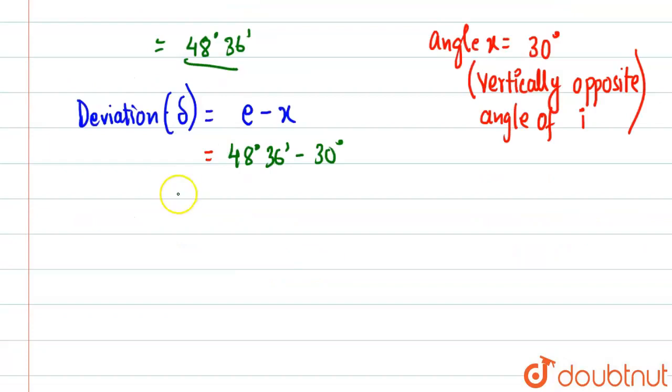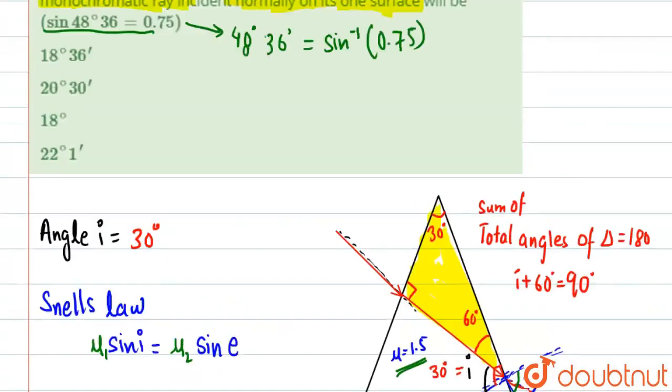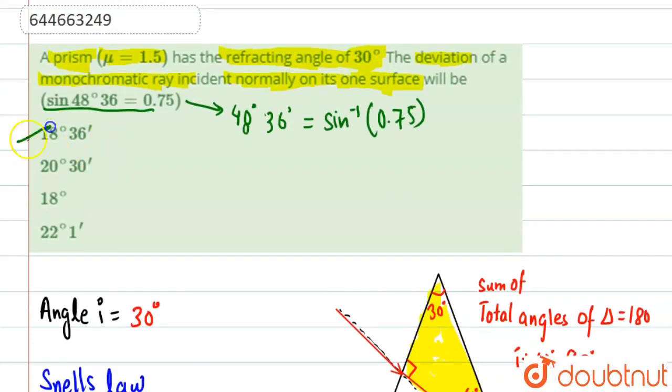Here we will get 18 degrees 36 minutes. So this is our answer. The deviation will be 18 degrees 36 minutes.